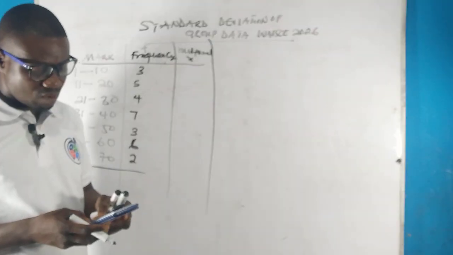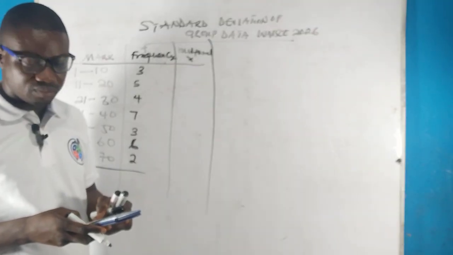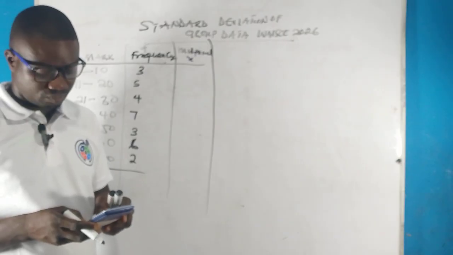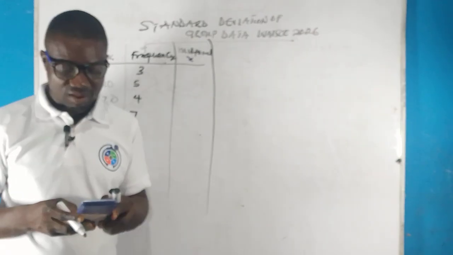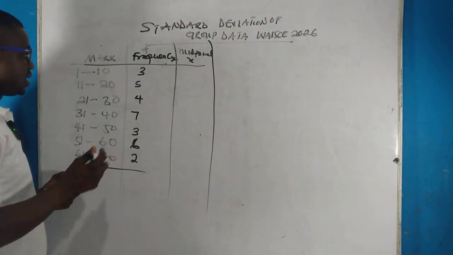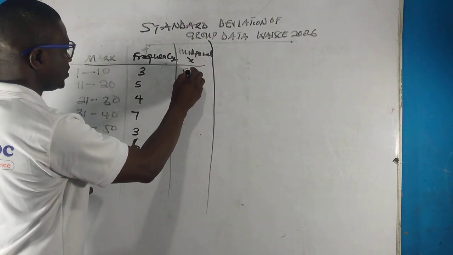So let's do that. 1 plus 10 will give you 11, divided by 2, you are going to have 5.5. So here I'll put 5.5.